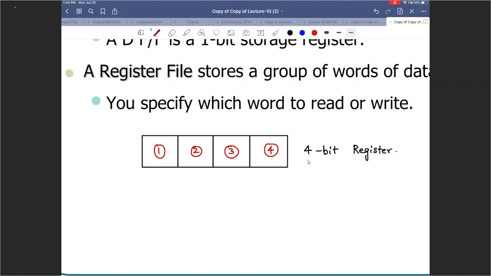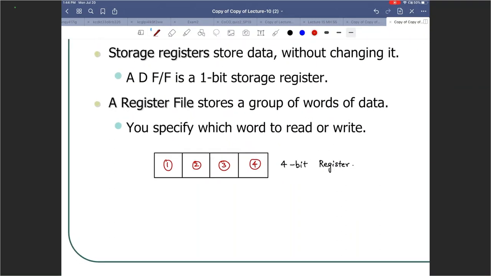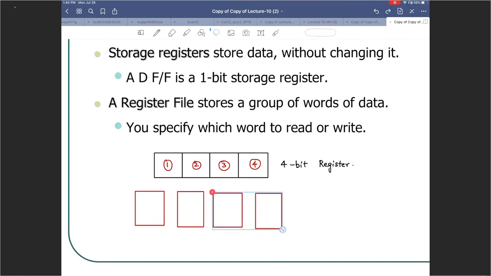So how are we designing this using a flip-flop? Well, think of 4 flip-flops. Just for the sake of discussion, I will draw 1 flip-flop there, the other flip-flop there, and 2 more coming right up, right there and there.